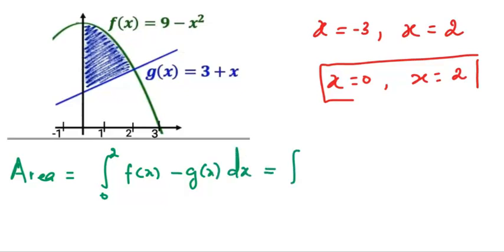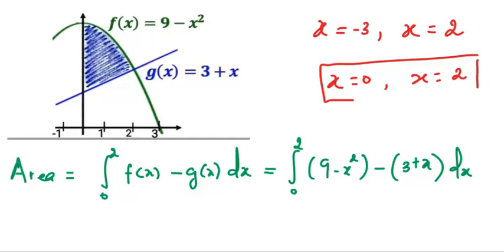So this is equal to the integral from 0 to 2 of 9 minus x squared, minus g of x, which is 3 plus x, dx. Simplifying this, we get the integral from 0 to 2 of negative x squared minus x plus 6 dx.